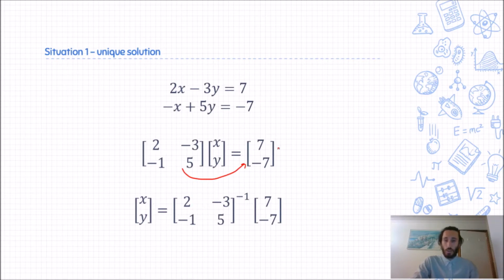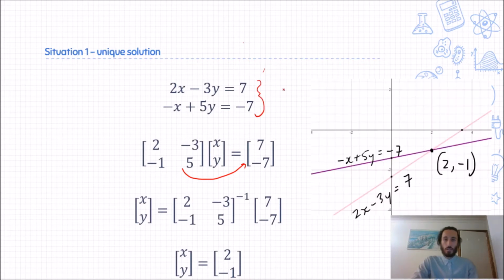And we can do this calculation in a calculator, and it gives us that x and y is equal to 2 and minus 1. Now if we plot these equations, and I'll show you guys how to plot them both in Symbolab and on Matrices, we can see that they overlap only at one point.